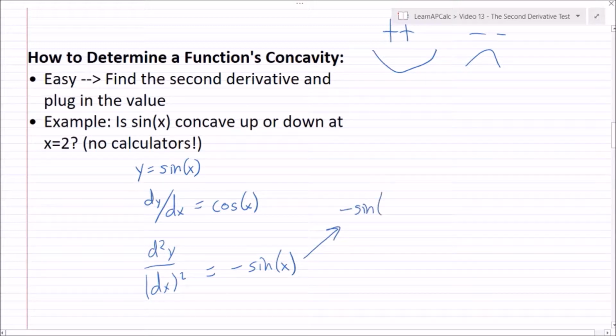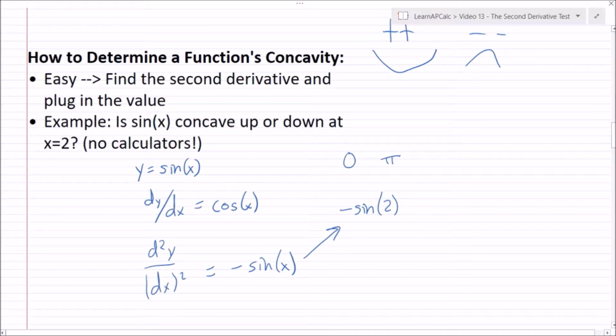Minus sine of 2. You shouldn't actually know this value. This isn't on the unit circle or anything. But we want to think about, well, where is sine positive? Sine is y, so sine is greater than 0 between 0 and pi.